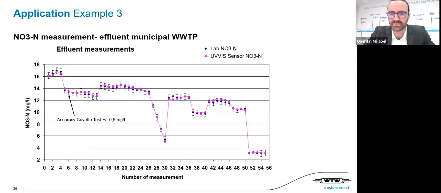Another example of application, the last one before the lab demo, is for NO3 measurement. Again, we have compared our spectral sensors with a lab measurement. And here you can see that we have an accurate measurement through the online measuring system for effluent measurement in a wastewater treatment plant.